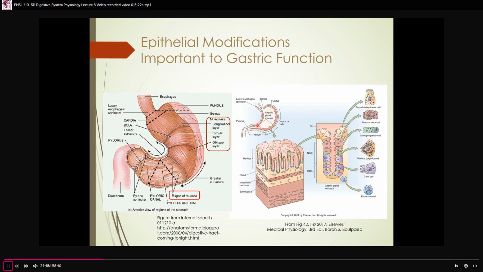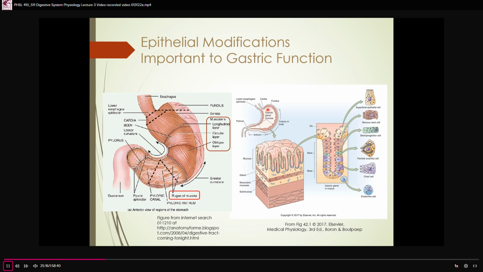The glands that are down in the antral region lack those acid secreting cells, and they are mostly mucus secreting glands. They will have a preponderance of endocrine cells like G cells and D cells, but they will be non-acid secreting. So the antrum lacks parietal cells, and the cardia up here actually also lacks the parietal cells.